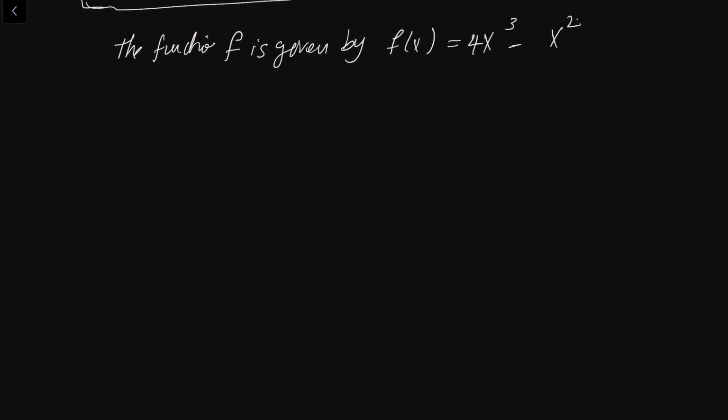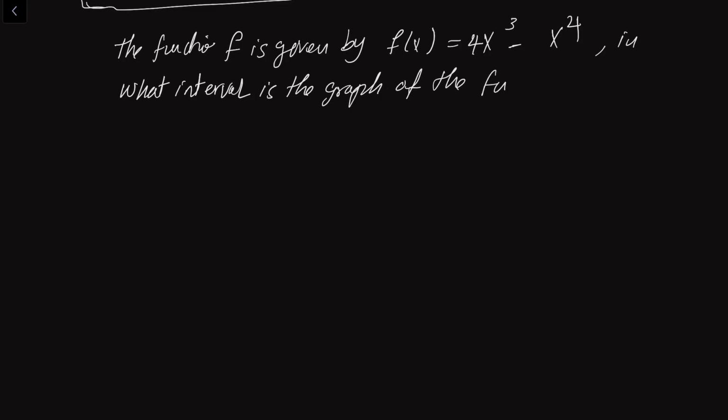It says the function f is given by f of x equals 4x cubed minus x to the fourth, and it wants to know in what interval the graph of the function is concave up.